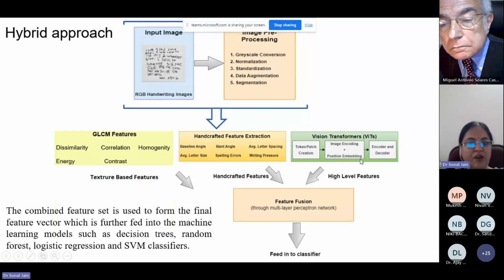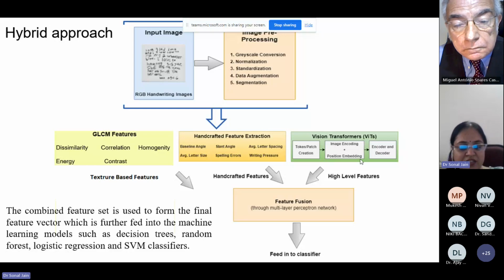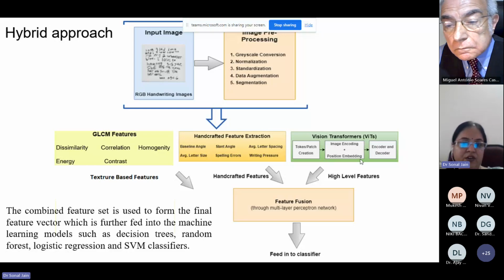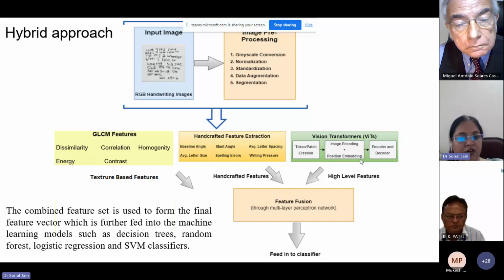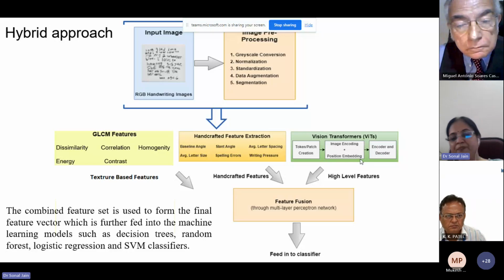Vision Transformer features were also with us. So we made a combination of all these features, utilized feature fusion, and later on we applied all 4 algorithms: decision trees, random forest, logistic regression, and SVM classifier.